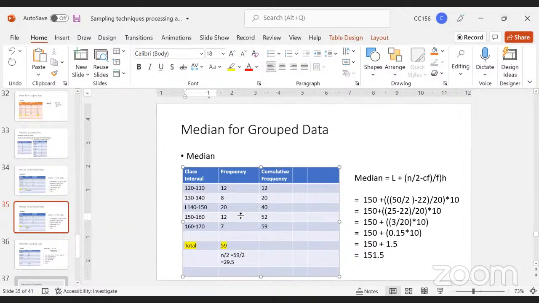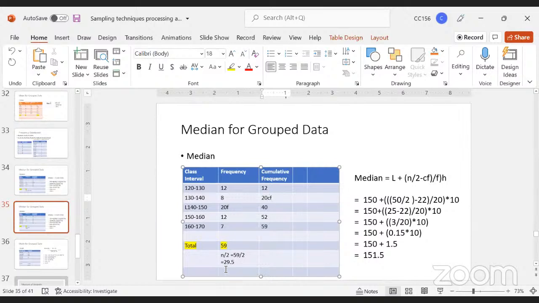Now the frequency of the same class would be your frequency, which is 20. And your cumulative frequency is also 20.